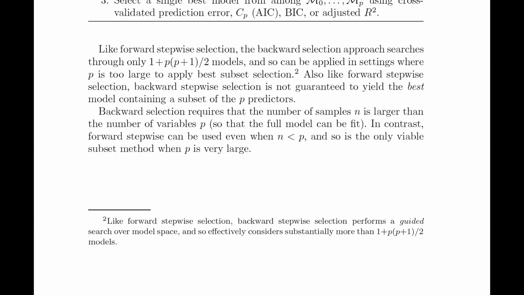Also, like forward stepwise selection, backward stepwise selection is not guaranteed to yield the best model containing a subset of the p predictors. This is the price we pay. Backward selection requires that the number of samples n is larger than the number of variables p. Again, not too important, but apparently this is an advantage of forward stepwise.